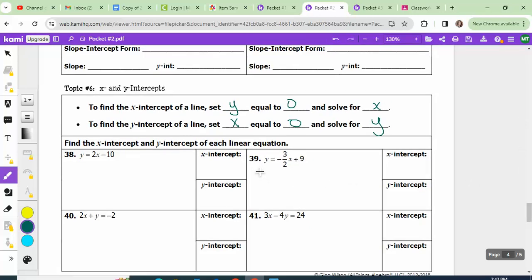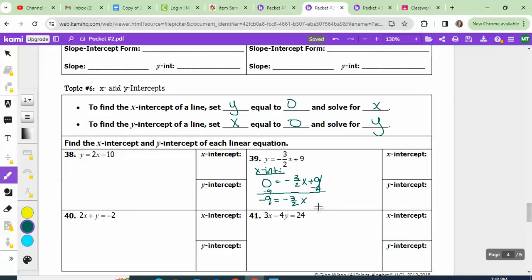So on 39, if I'm trying to find my x-intercept, where it hits the x-axis, that means y equals 0 if we're on the x-axis. So if I want to get x by itself, so -9 equals -3/2 x.